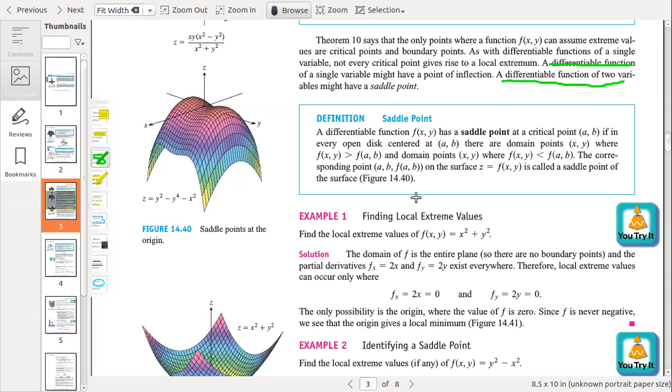The corresponding point (a, b, f of a, b) on the surface is called a saddle point.